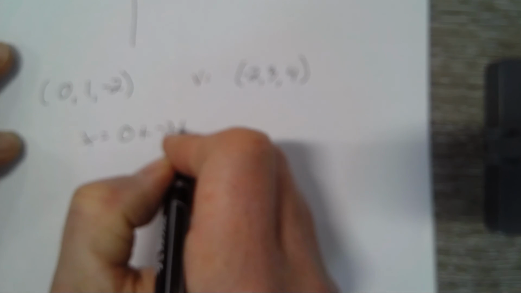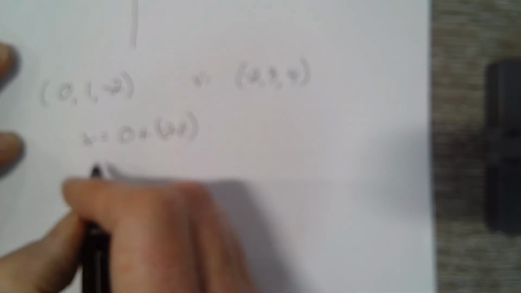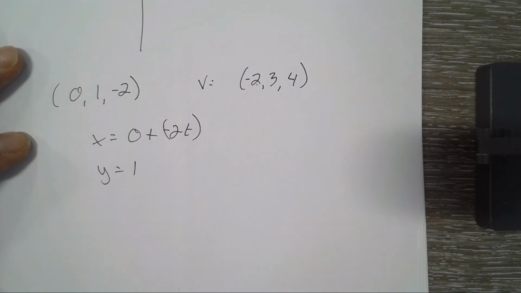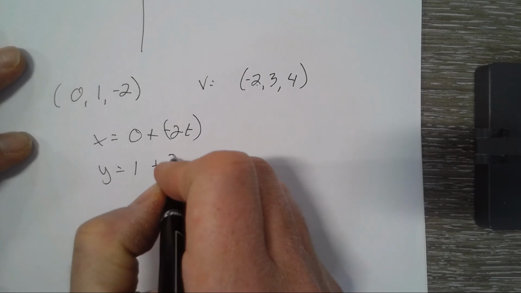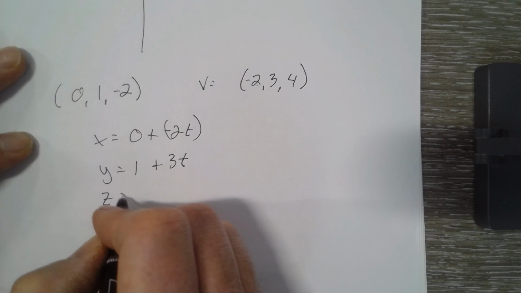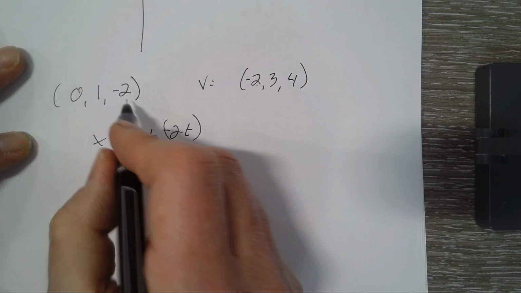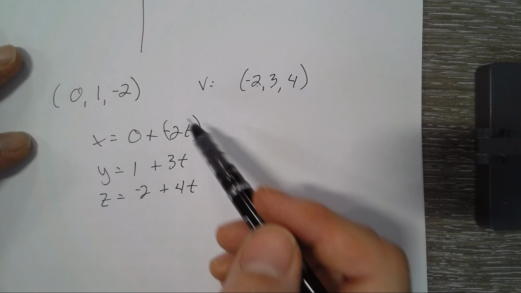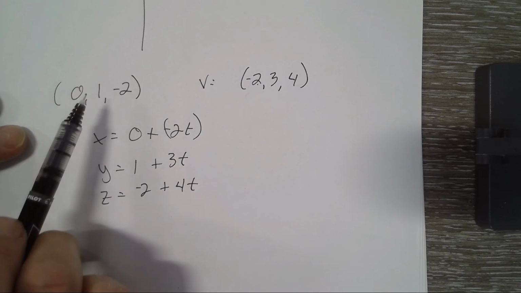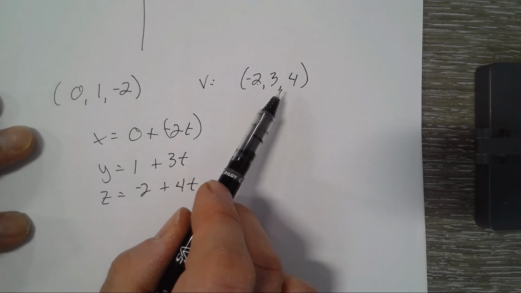And then our y starts at 1, and we go 3 in the y direction. So it'd be 1 plus 3t, and z would be negative 2 plus 4t. That's a set of parametric equations representing a path starting at this point, parallel to that vector right there.